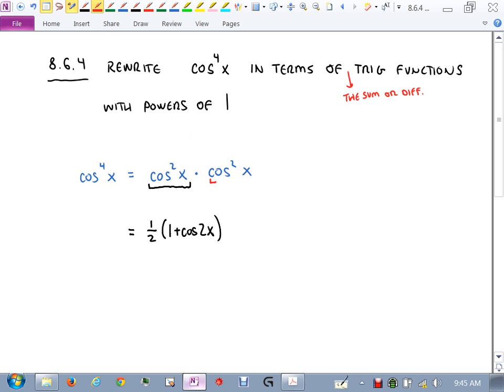So I can write this one over here with multiplication, 1/2, 1 plus cosine 2x again. Are we good? Have I achieved what I was trying to achieve? Have I rewritten the problem in terms of sine, cosine, sum and difference with powers 1 on the trig functions?